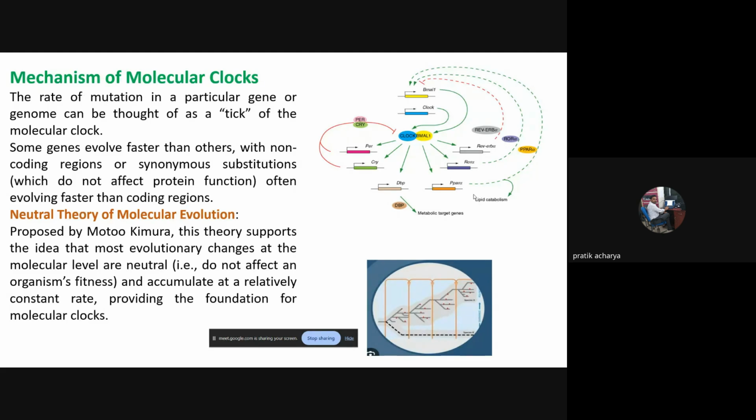That means mutations are constant. It helps us in comparing the mutations, where the change actually happens in different generations. We can get a proper idea about that. That is the neutral theory of molecular evolution.